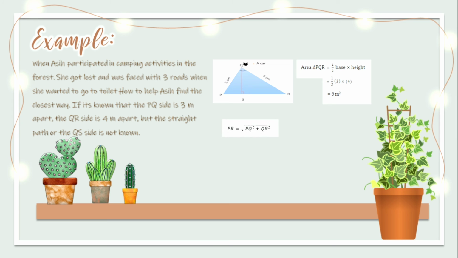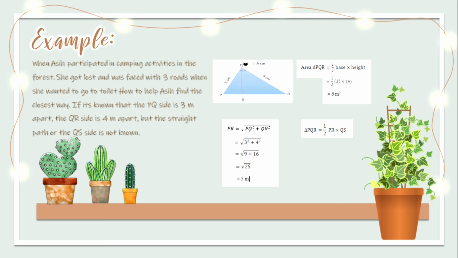Second, we determine the PR line with the Pythagoras formula, namely PR equals root of PQ squared plus QR squared. Then we enter PQ and QR: root of 3 squared plus 4 squared. We get root of 9 plus 16. Add up to root of 25. And the result is equal to 5 meters.